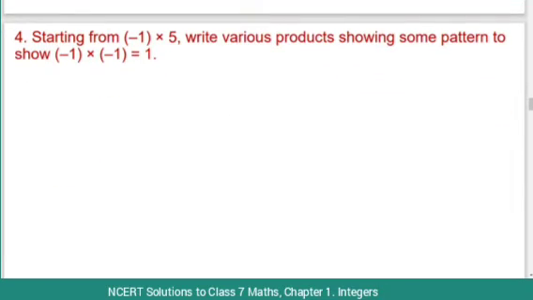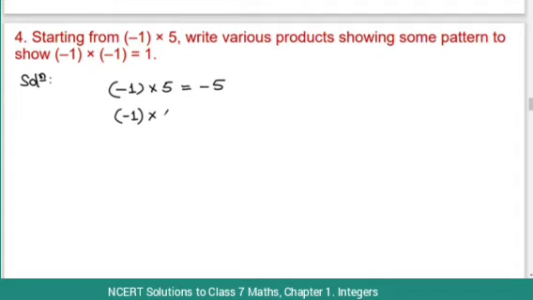Fourth question. Starting from minus 1 into 5, write various products showing some pattern to show minus 1 into minus 1 is equal to 1. Solution. Minus 1 into 5 is equal to how much? It is minus 5.